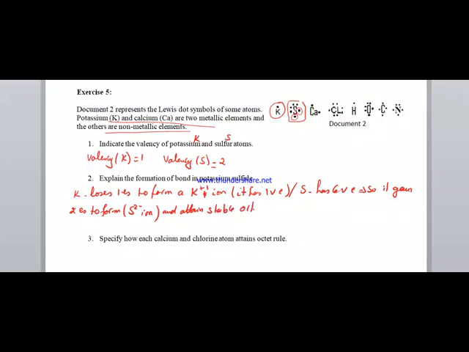So the bond formed between these ions, one potassium positive ion and a sulfide negative ion, is an ionic bond. And we write the definition of an ionic bond with the electrostatic force of attraction.